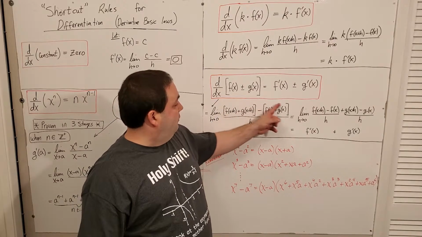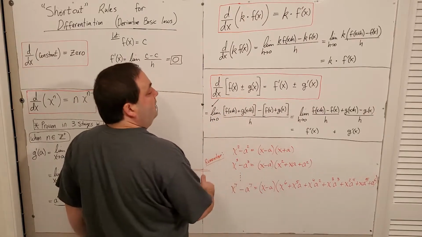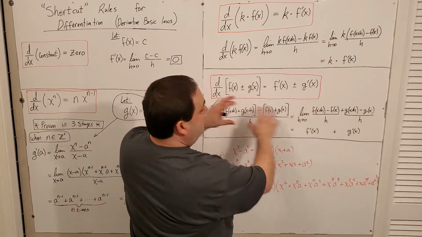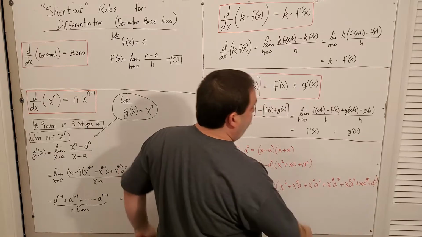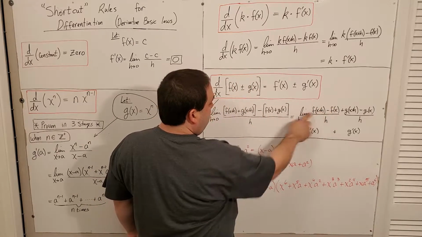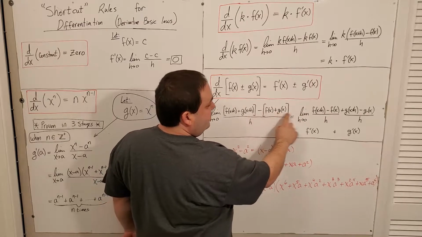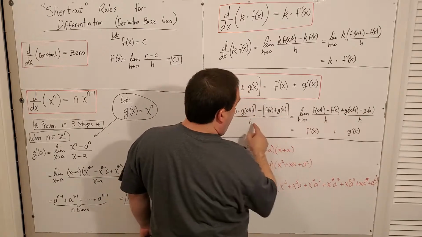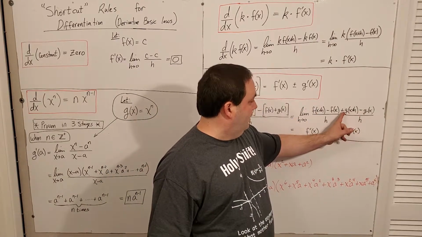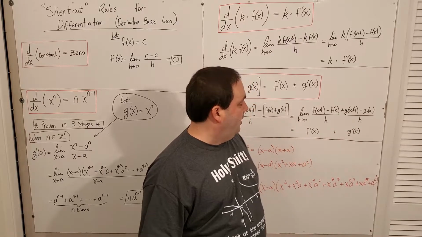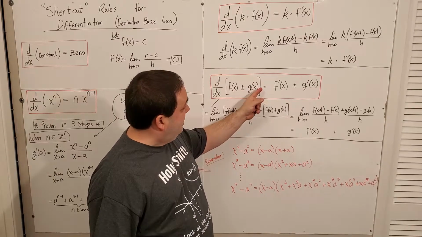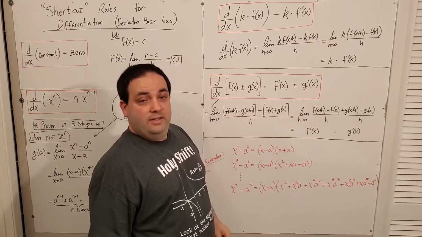This is the original setup, but notice all I really need to do is distribute this negative to both of these pieces and then use the commutative property to rewrite the numerator as f of x plus h minus f of x and g of x plus h minus g of x. And they're both already over h, so I just distribute it out. And then notice that's each of the derivatives separately, but added together. So the derivative of a sum is equal to the sum of the derivatives.